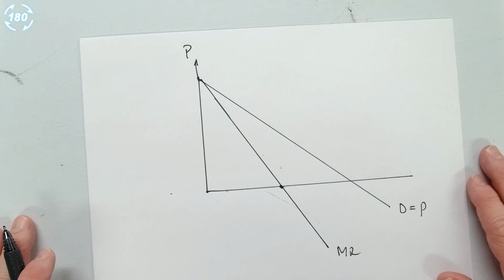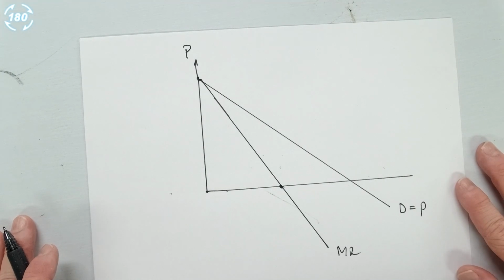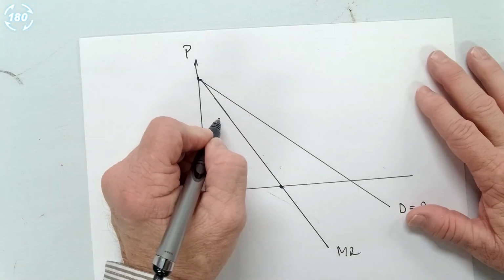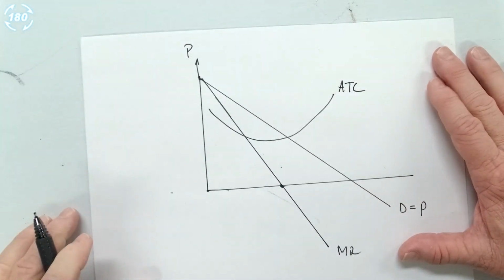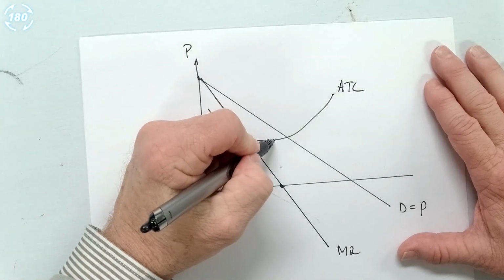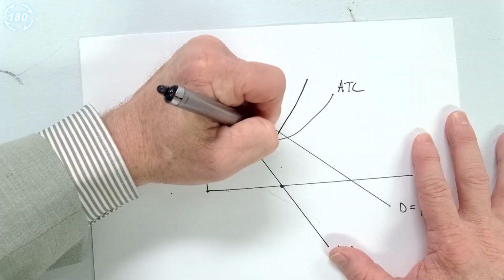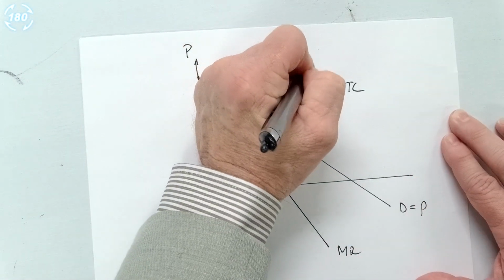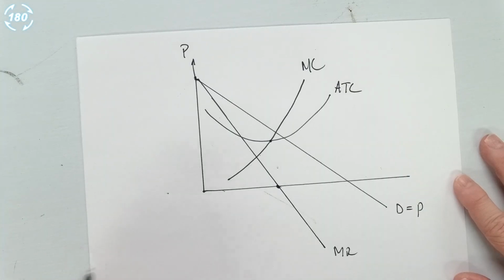So you have these curves like we've had before: the average total cost curve and the marginal cost curve. I want to draw an average total cost curve on here. And through the minimum of the average total cost curve is what curve? Marginal cost. Those are two curves we've looked at before.